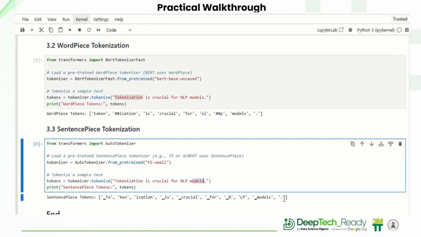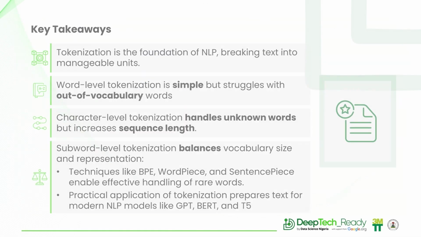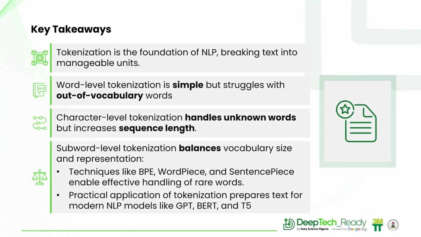As always, let's have a quick recap of the key points that we've covered. We've seen that tokenization is the foundation of NLP, which simply breaks text into manageable units. We explored word level tokenization, where we split text into individual words.